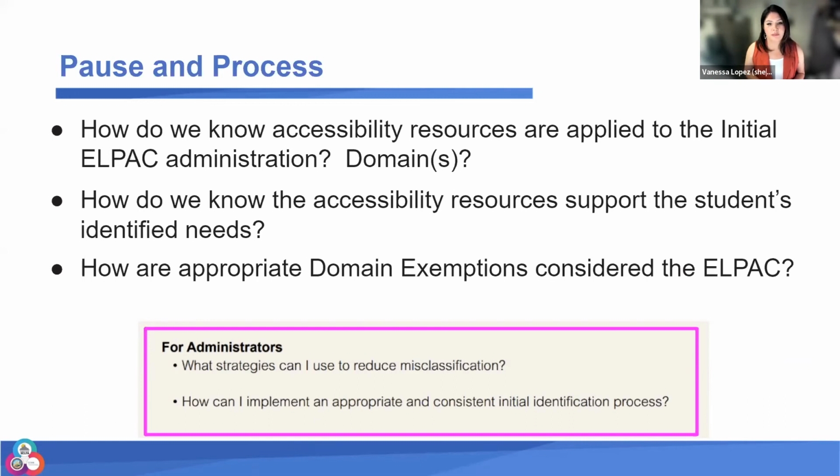And how are appropriate domain exemptions considered for the LPAC? This question would come more into focus as we look at the summative LPAC and future applications of our time together as we go through the content of the California Practitioner's Guide. But again, focus on those first two bullets, because just those two in and of themselves are hefty. It's a hefty ask to stop, think, and process, and just identify where some tweaks might be necessary or a full-on overhaul. I'll give you a minute or so just to consider that.